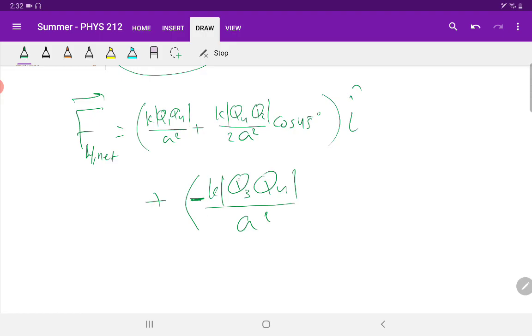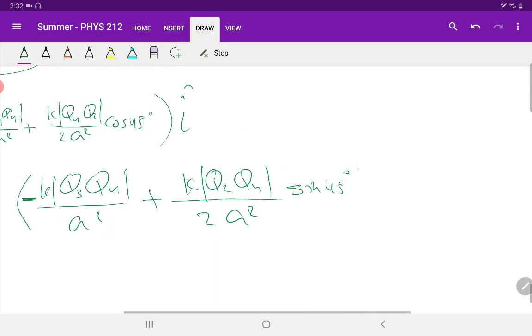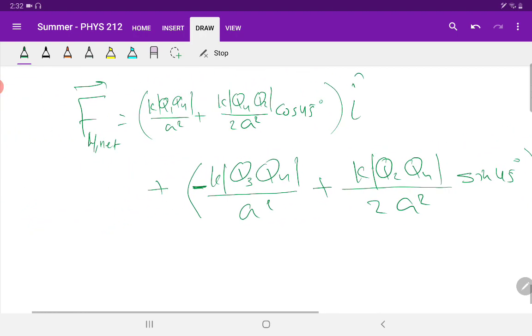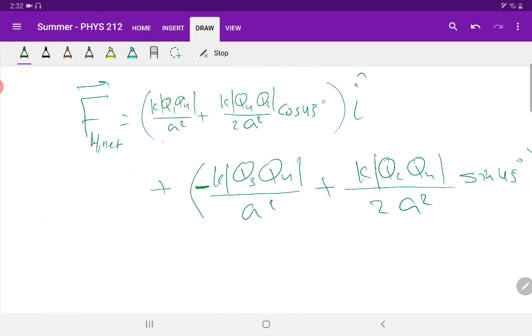Why minus sign? Because it's already pointing down, plus K Q2 Q4, again absolute value. We don't care about the sign because we already assigned the direction, divided by 2A square, and that will give me sine 45 degrees, and that will be j hat.